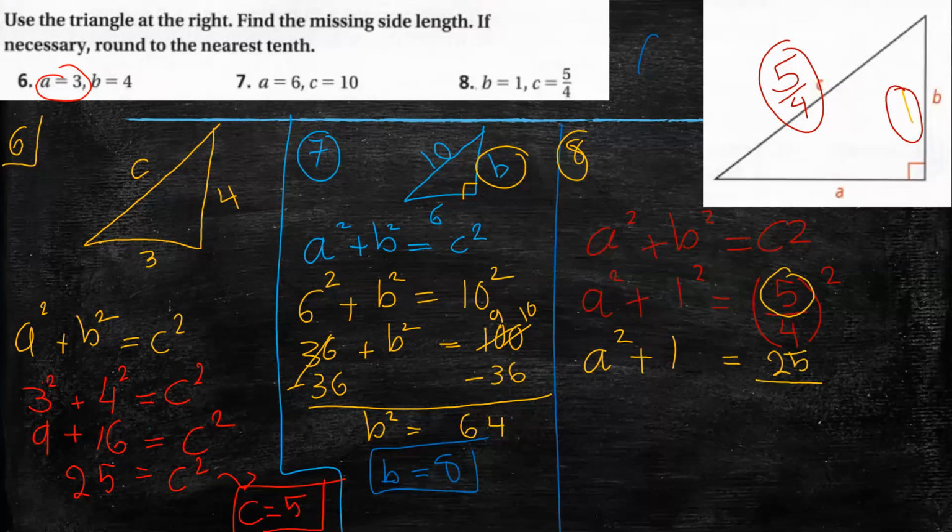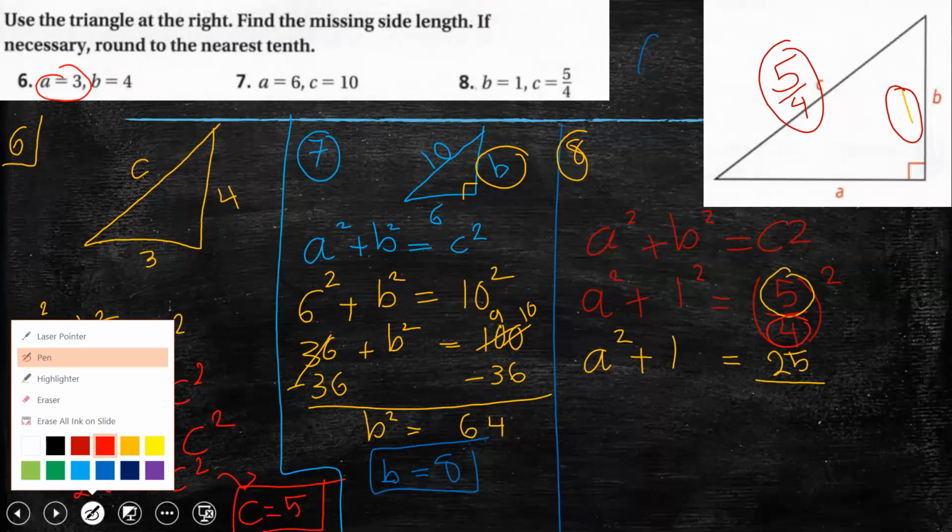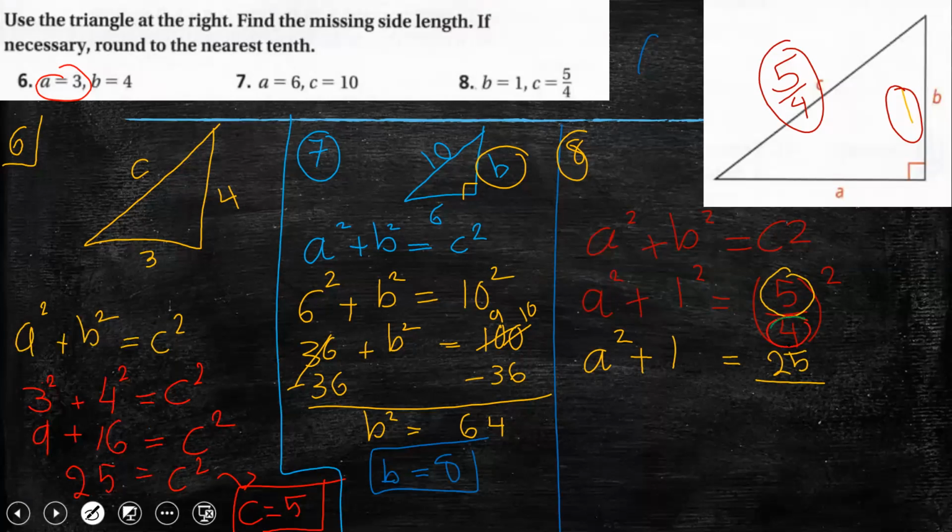And then the square of 4 is 16. So the square of 5 over 4 will be 25 over 16. So A squared plus 1 equals 25 over 16.